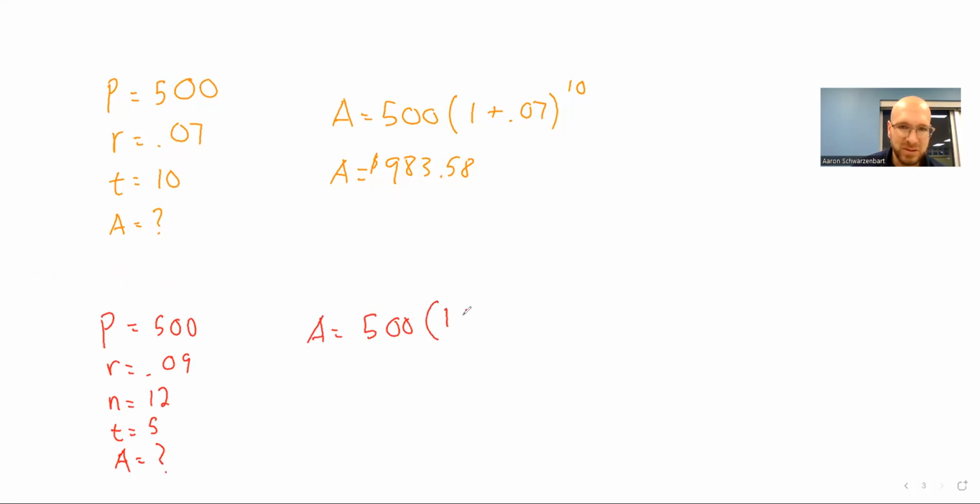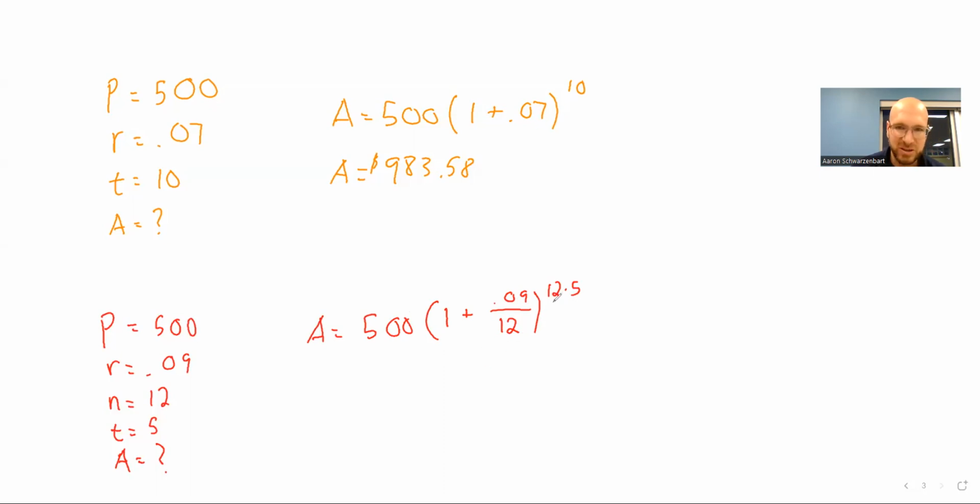So 1 plus 0.09 over 12. It's over 12 for monthly, not over 5. Really important that the 5 goes to the exponent, and this 12 makes it to the exponent as well.